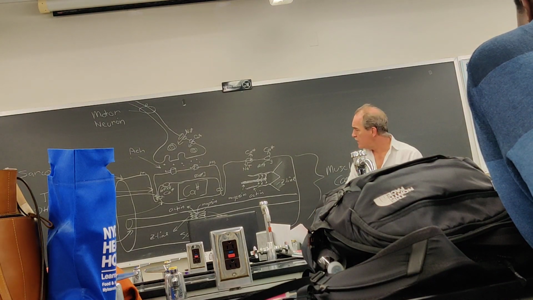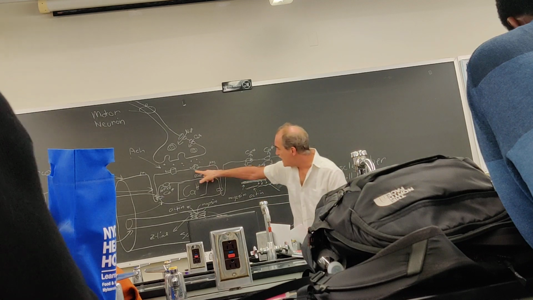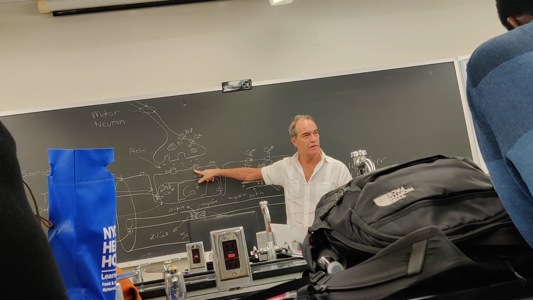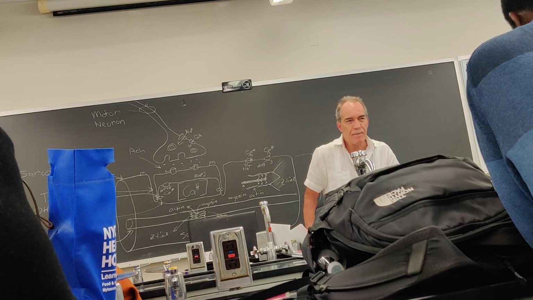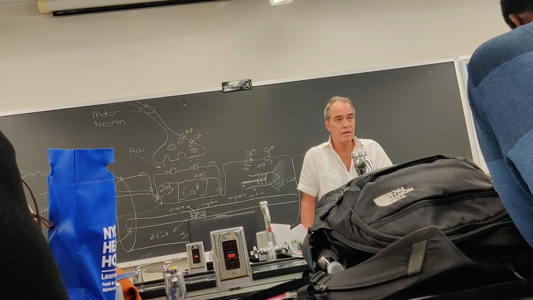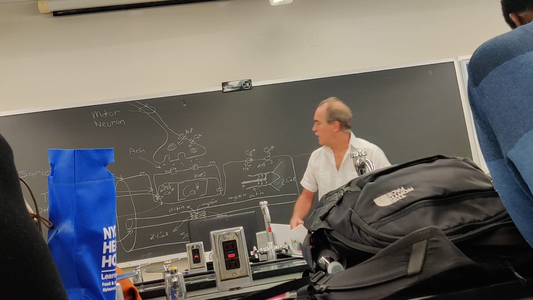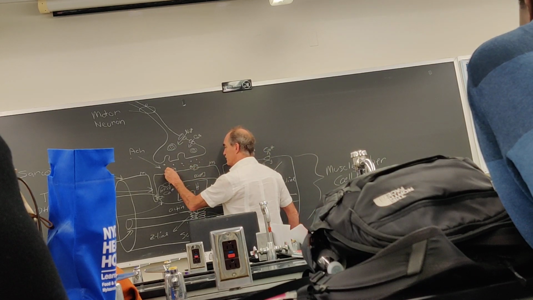I've labeled everything except for one thing, which is the acetylcholine receptor here. Remember I told you before that the acetylcholine receptor of the parasympathetic nervous system is called the cholinergic muscarinic receptor? You may remember that. I'll remind you, don't worry. This is an acetylcholine receptor here, but it's a different one.